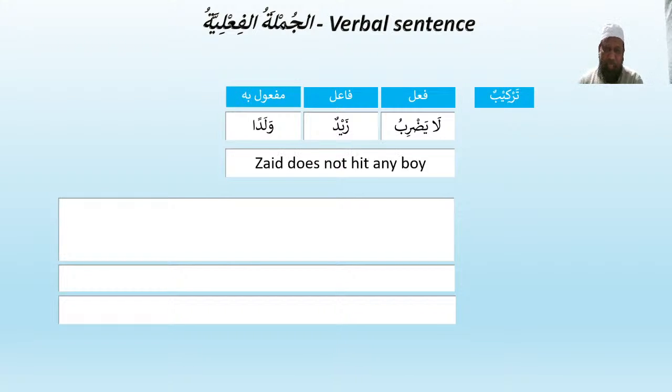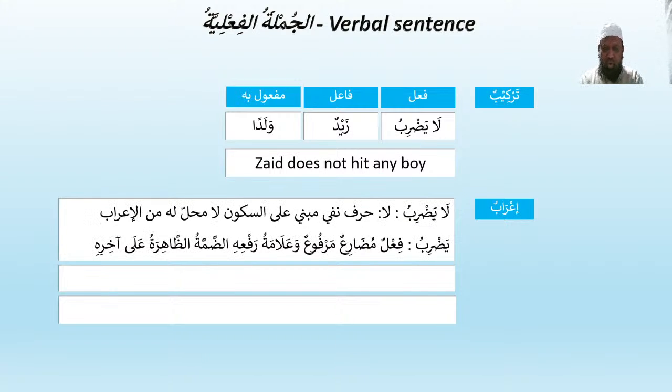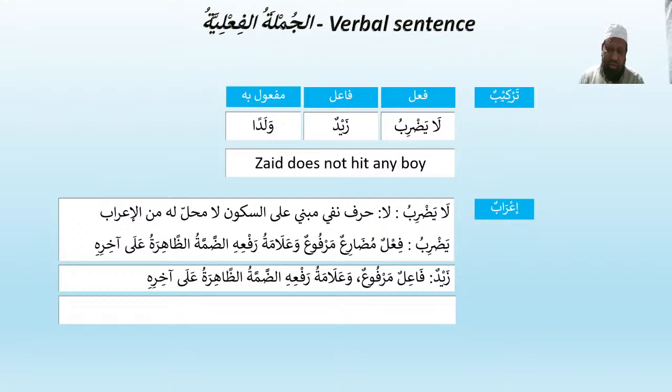فعل فاعل مفعول به. Zaid does not hit any boy. لا يضرب زيد ولدا. إعراب لا يضرب: لا حرف نفي مبني على السكون لا محل له من الإعراب. يضرب exactly the same way we did المضارع: فعل مضارع مرفوع وعلامة رفعه الضمة الظاهرة على آخره. زيد the فاعل, the إعراب of فاعل: وعلامة رفعه الضمة الظاهرة على آخره.